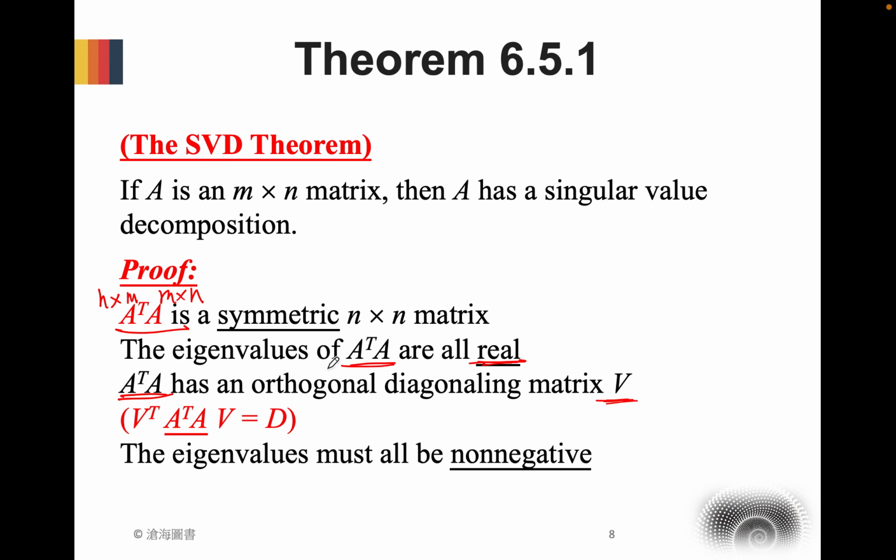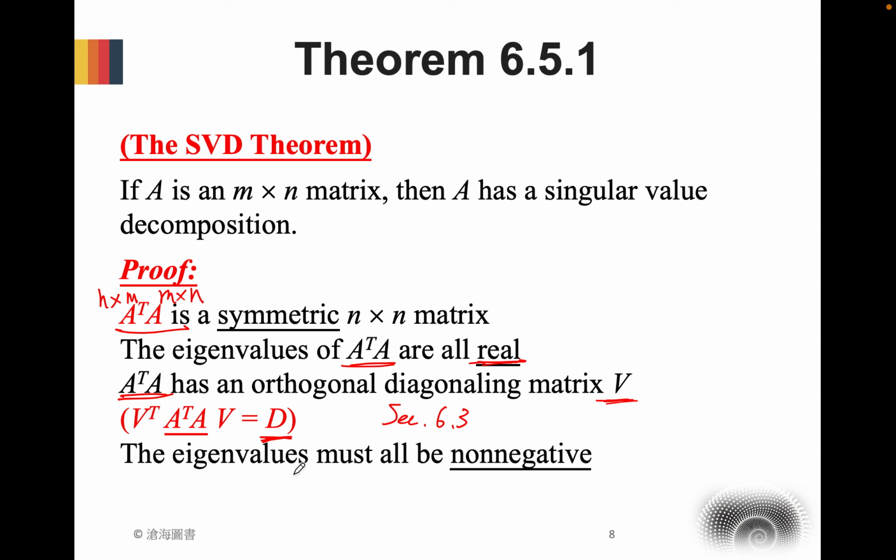Right? We can find the diagonalizing matrix V such that V transpose A transpose A V is equal to a diagonal matrix. Okay, this is from section 6.3, diagonalization. And then we also know the property that the eigenvalues of a symmetric matrix are not only all real, but also non-negative.